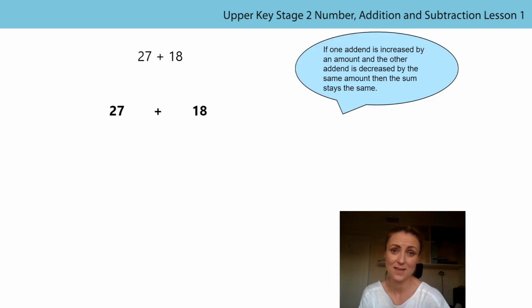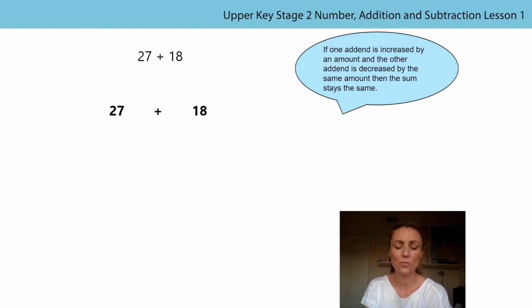So on this slide we have got the same calculation, but it's presented in a slightly different way. We haven't got the part-whole diagram, but I want you to think back to earlier on when we had those 2 bowls of sweets. Do you remember? And we could easily here have 27 sweets in one bowl and 18 sweets in another bowl.